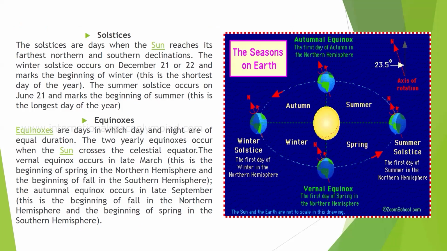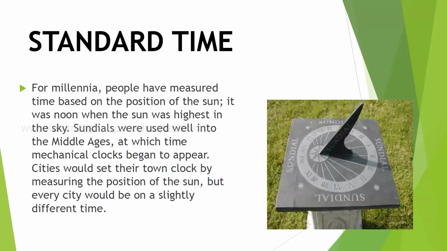So there are four seasons. The first, from December to February mostly, is winter. Then from March to May there is the summer season, and we have a rainy season, the monsoon season, from June to September, and after that a post-monsoon season.